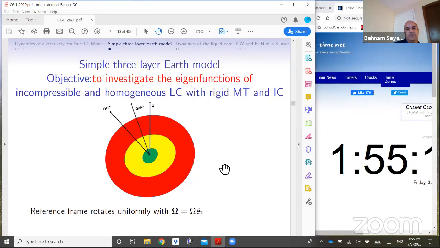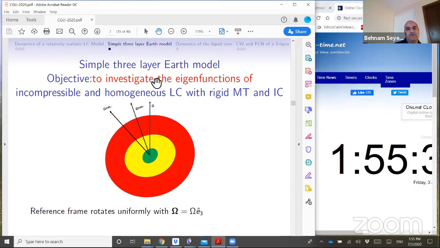In this case, we started with the inner core and the mantle wobbling at different rates. The fluid core is still considered to be incompressible and homogeneous, and the mantle and inner core are rigid.